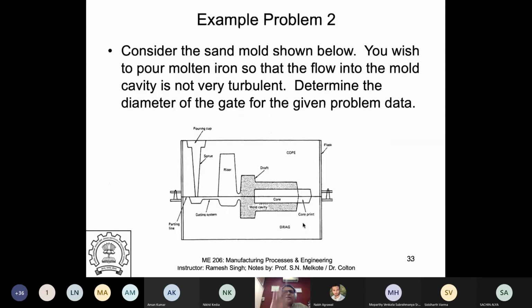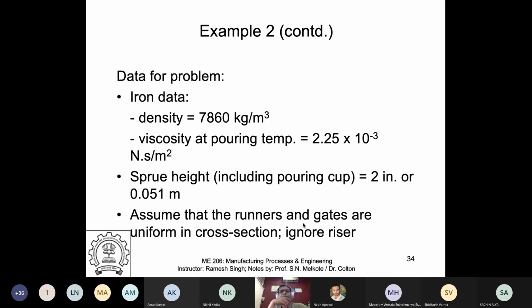Very easy, right? Just one second thing. Now let me give you another problem. Consider sand mold below. You wish to pour molten iron so that the cavity is not turbulent. Determine the diameter of the gate for the given problem data. How would you go ahead and do that? Can somebody tell me that? I'll give you the data. The density of iron is 7860.